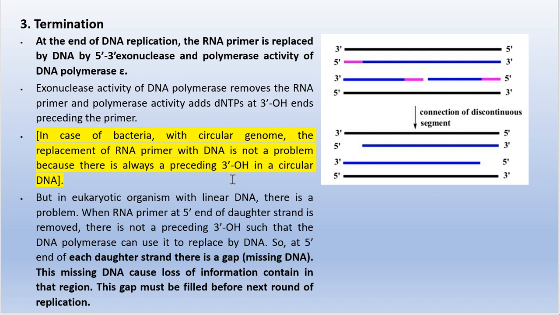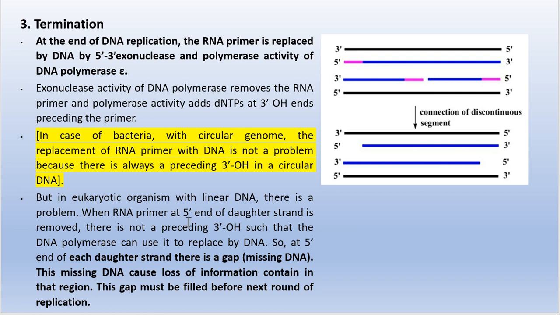But eukaryotic DNA is linear DNA. In bacteria with a circular genome, the replacement of RNA primer with DNA is not a problem because there is always a preceding 3' OH in a circular DNA. But in eukaryotic organisms with linear DNA, there is a problem.